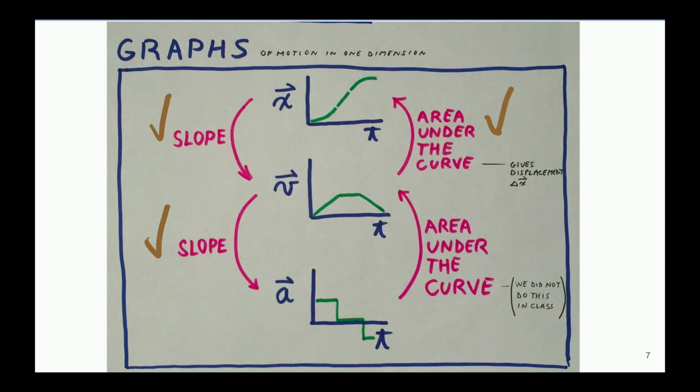So it's not exactly position, you get displacement from that. What we didn't say, and we're not going to really study, but I think it's an interesting thing to point out, is that it's also true that the area under the curve of an acceleration time graph gives you change in velocity. Not velocity explicitly, but change in velocity. I won't say anything more about that, but as you study physics, the more you look at that, the more cool that will be.